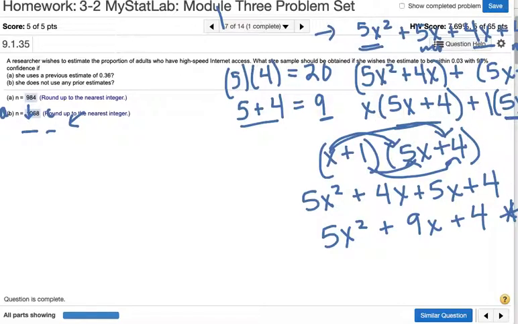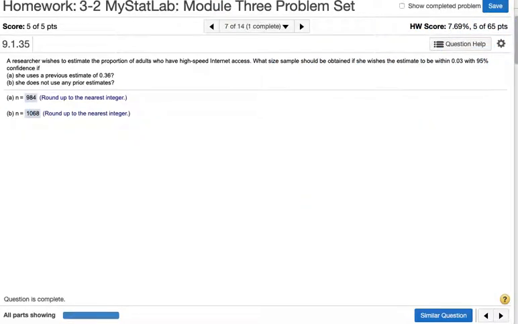Let me clear this one out. We're going to look at setting up the equation to figure out what the sample size should be.